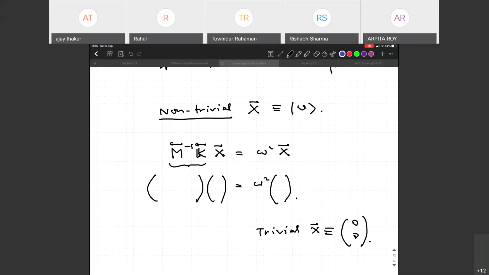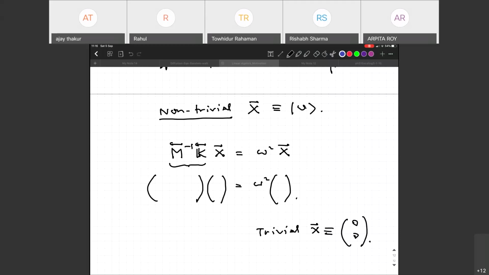As soon as we put x equals 0, 0, any M inverse k would suffice, because this equation will become a trivial equation. That means 0 equals 0, 0, right? So when we say non-trivial x, it means x is not a null vector.